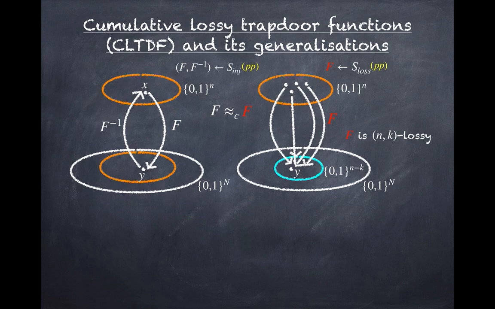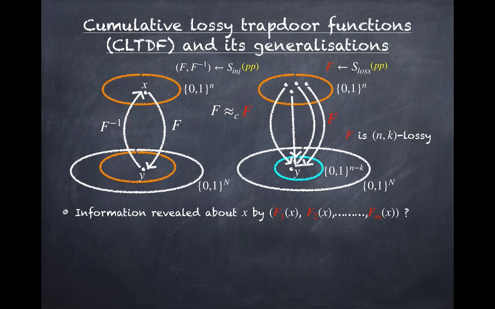So to briefly recall, note that an LTDF allows us to sample a function in two ways, either in an injective mode or in a lossy mode, such that in the injective mode, the evaluations of the function can be efficiently inverted using a trapdoor F inverse, whereas in the lossy mode, a lot of information about the input is lost on average. And these two ways of sampling the functions are computationally indistinguishable.